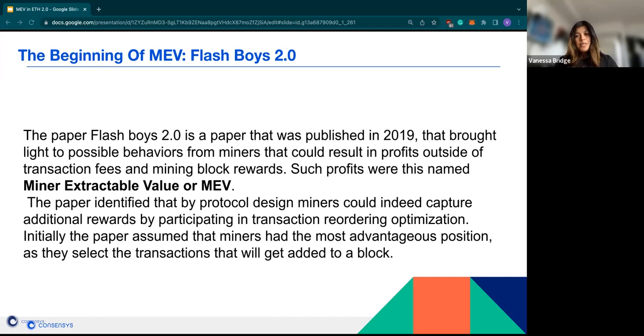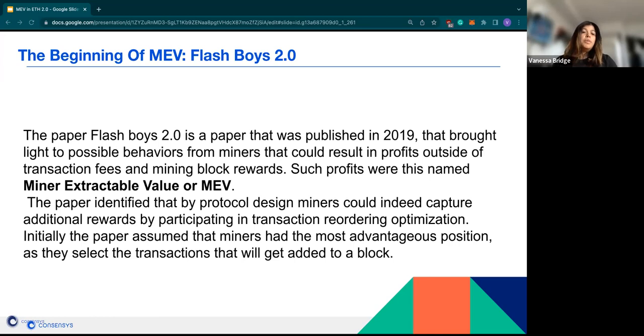And what they found out was actually that indeed it could. So they released this paper called the Flashpoints 2.0, which makes reference to Flashpoints 1, which is related to high frequency trading in Wall Street from a few years back.